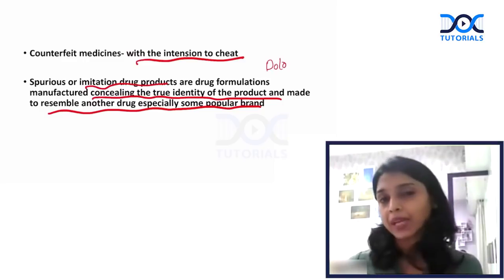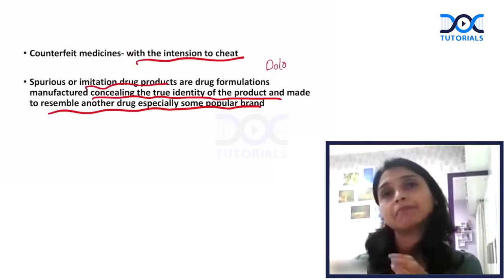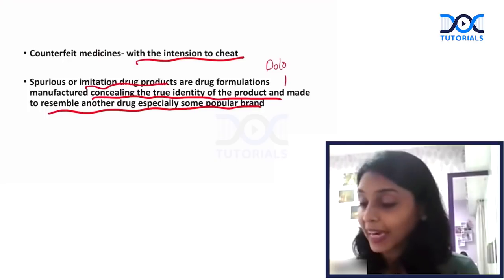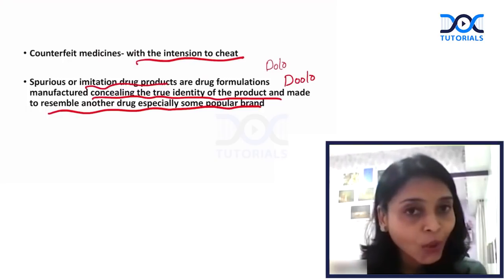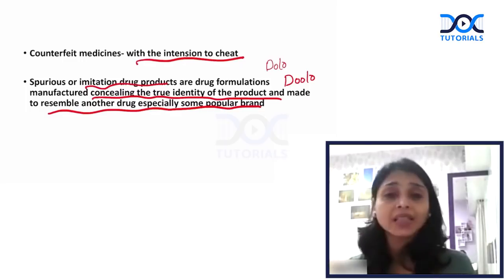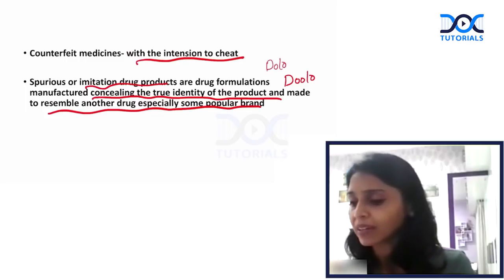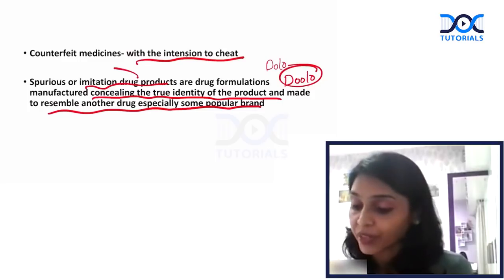So some other company, seeing that this has become really popular, makes another drug with a spurious name, like say DOOLO. That is also pronounced as Dolo only, right? So someone is asking for Dolo and they are giving this drug. This is spurious or imitation drug.